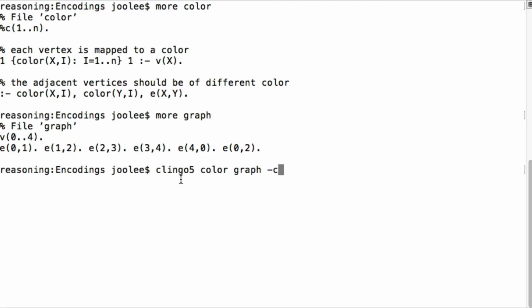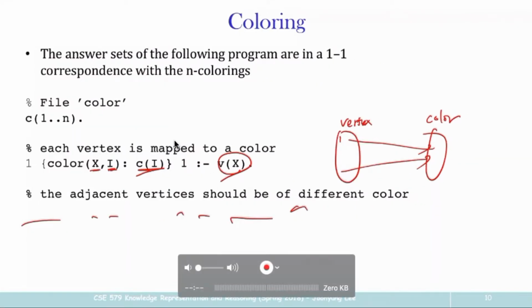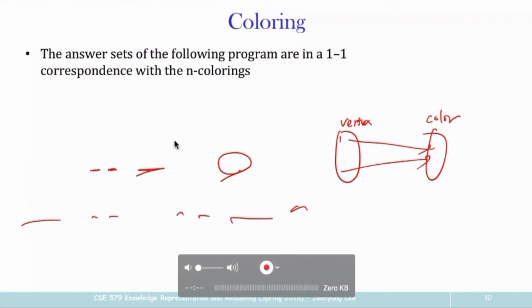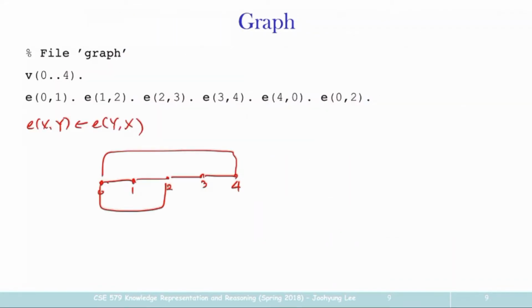So remember this graph. I don't know whether you can figure it out. Let's go back to it. What is the solution for this one? How many colors do we need? What is the smallest number of colors we need to color this graph?